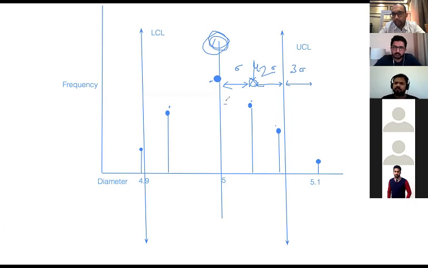So we need to make sigma so small that, the upper control limit and lower control limit being fixed, you should be able to fit six times sigma into that. So six sigmas should fit into this upper control limit and lower control limit.